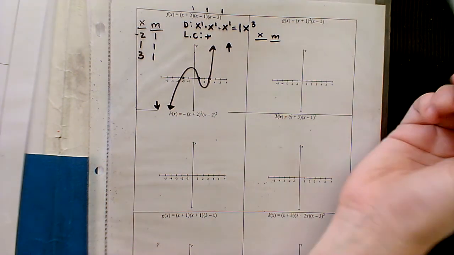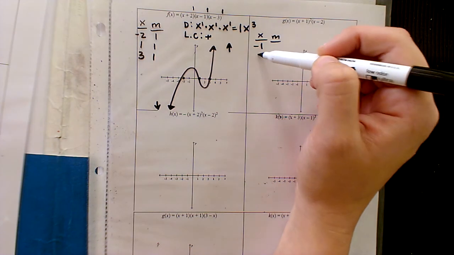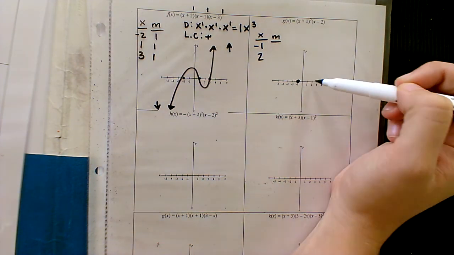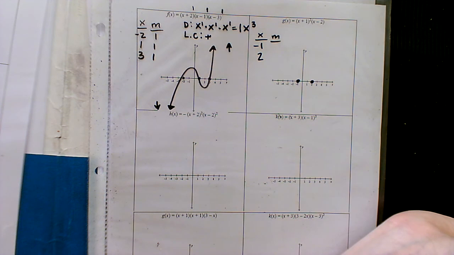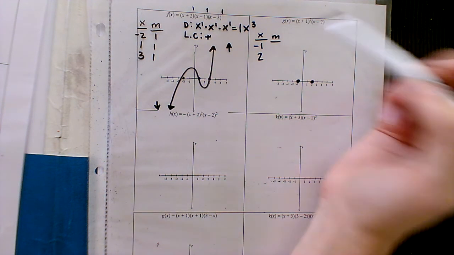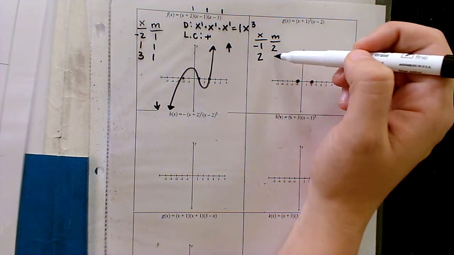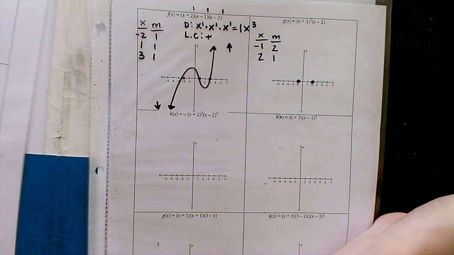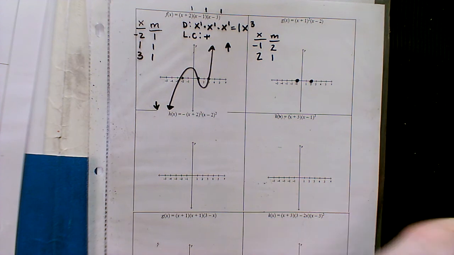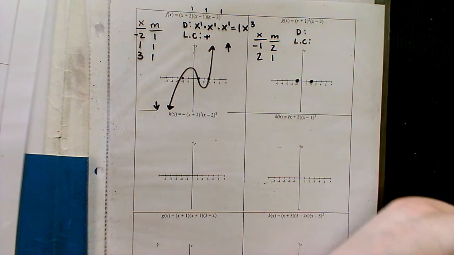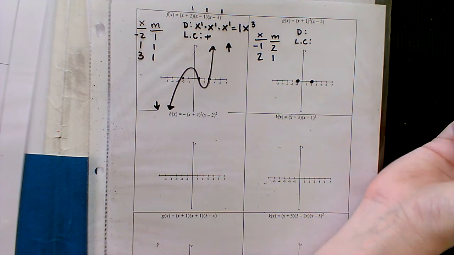X and multiplicities. So based off the factors, -1 and 2 are the x-intercepts. Looking at the related powers, looks like we'll have a multiplicity of 2 for our first factor, and then 1 for the second. Let's see if we can get the degree and leading coefficient to help us with the end behavior.